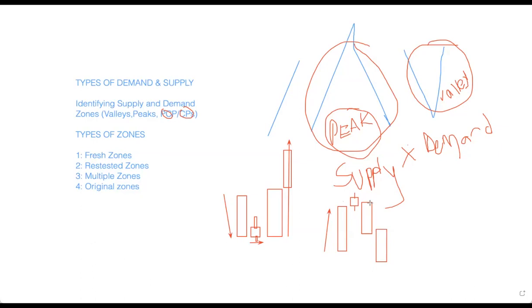If they are more than 6, usually we tend to say just ignore it, because it means there was too much trading in that area. All right, so this here is a valley, and then it's a peak, and then this one here is a valley, right?